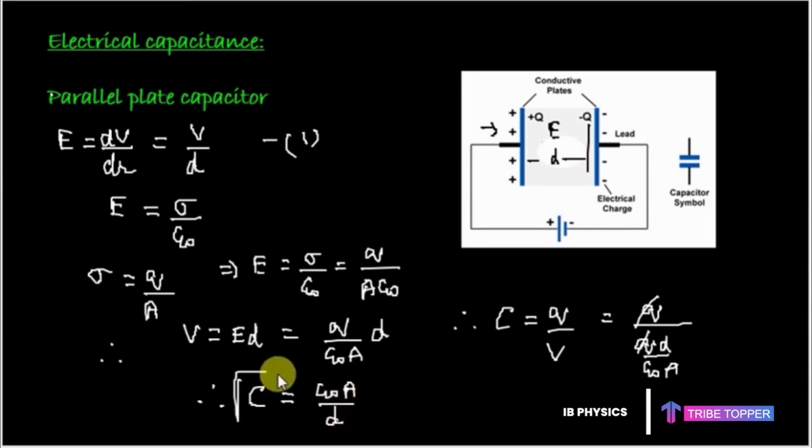From the expression it is clear that A is the surface area of the plates, so the dimensions of the capacitor determine its capacitance when the two conducting plates are held in vacuum parallel to each other.